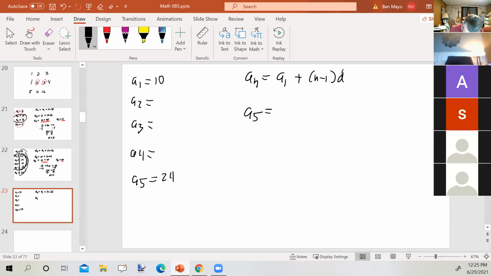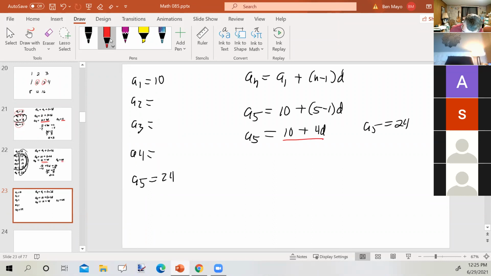So a sub 5 is a sub 1, which is 10, plus n minus 1, which is 5 minus 1, times d, which is 10 plus 4d. But a sub 5 is also 24. So 10 plus 4d equals 24.